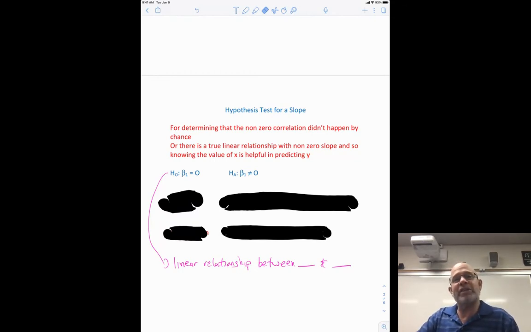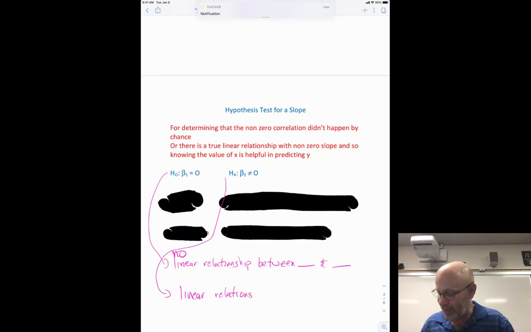So the alternate is not 0, meaning there is a linear relationship. Whoops, sorry, I put the wrong thing there. That should have been no linear relationship, right? If the slope is 0, there is no linear relationship. But if the slope is not 0, then there is a linear relationship. So if you reject the null hypothesis, you would accept the fact that there is a linear relationship.